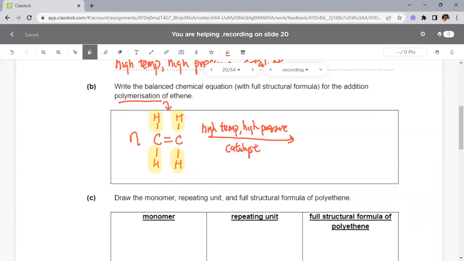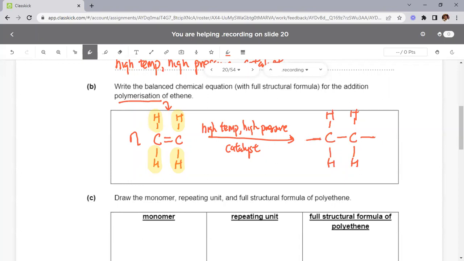Okay, so in addition polymerization, the double bond breaks. Think of it like two hands holding: one of the hands will open up and go to the side. So I break the double bond, and this double bond will extend sideways. Once broken, each carbon extends its hand to the sides.